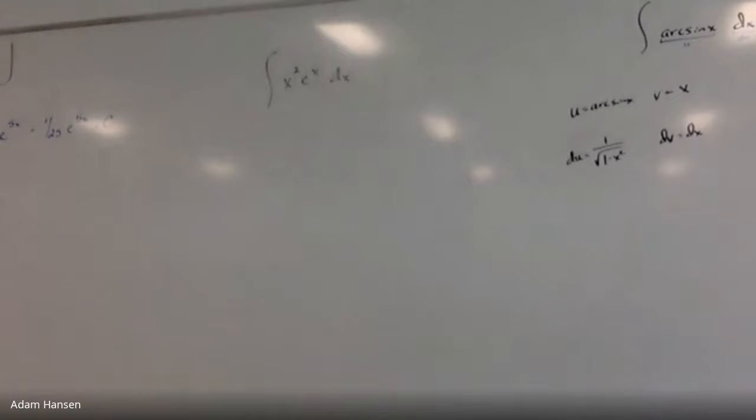What makes this question a little bit different as opposed to some of the practice we did yesterday and earlier this afternoon? I've got to find the antiderivative of x squared e to the x.